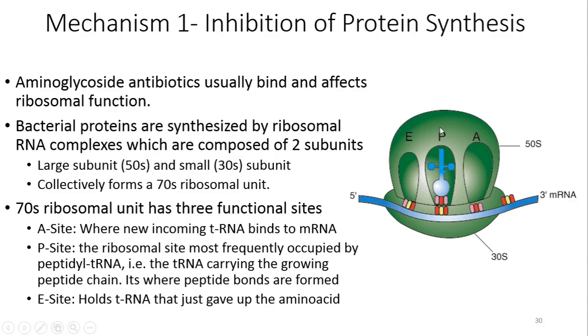The P site is most frequently occupied by the peptidyl tRNA, that is the tRNA carrying the growing peptide chain. It is where the peptide bonds are formed and eventually the polypeptide is elongated. Next, we have the E site or exit site that holds the tRNA that has just given up the amino acid.